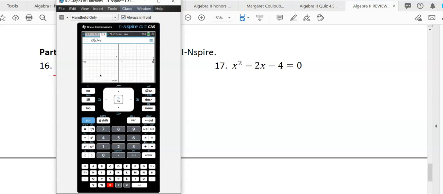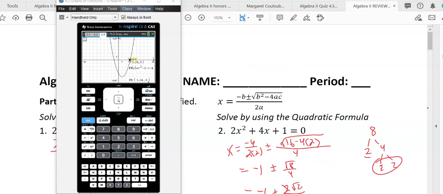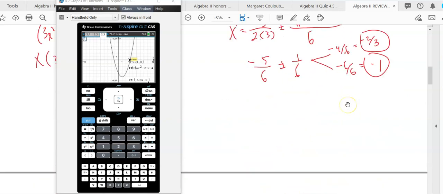So x squared minus 2x minus 4. Trace that thing. So menu 5.1. 3.24, so x equals 3.24. Whoops, I keep doing that.